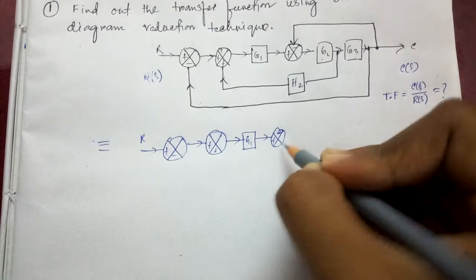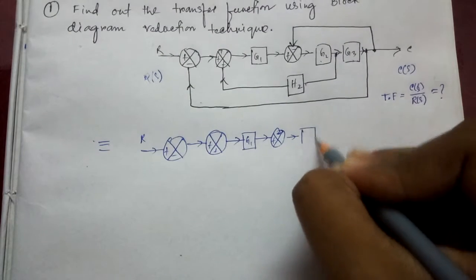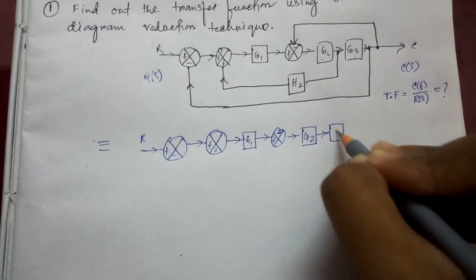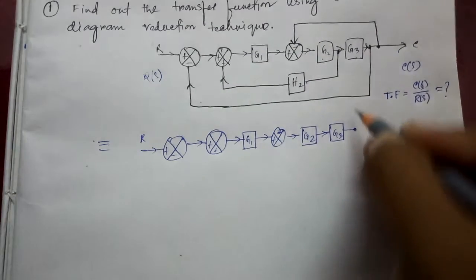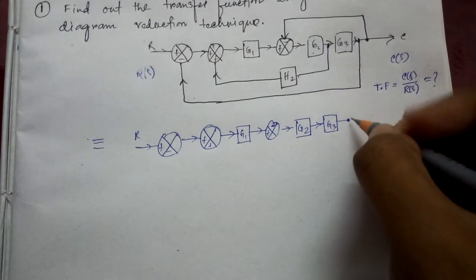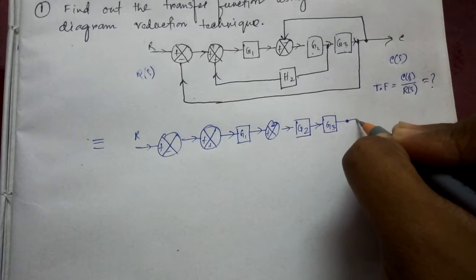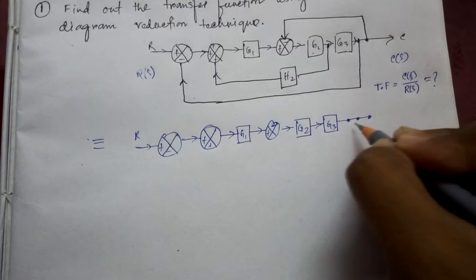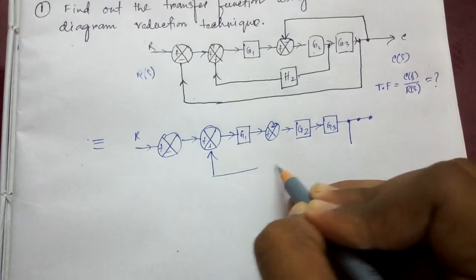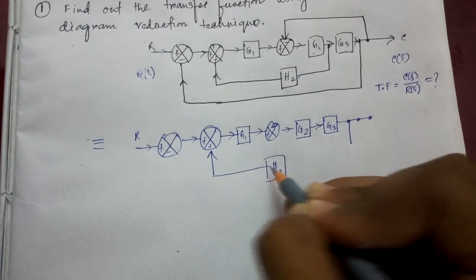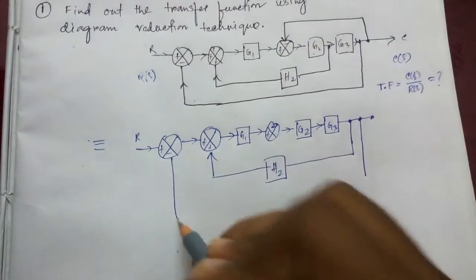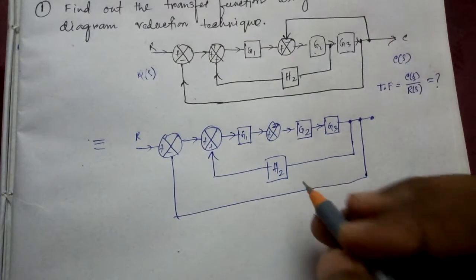This will be as previous, no change, and here after that G2, G3 will come, and this takeoff point will become after it, and here will now be 3 takeoff points. This will go to this summer like before. The second takeoff point will go to this as a feedback.